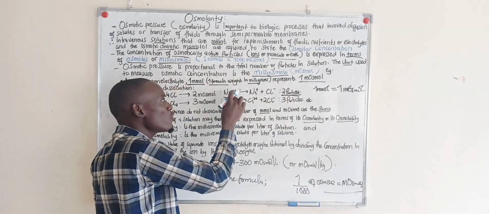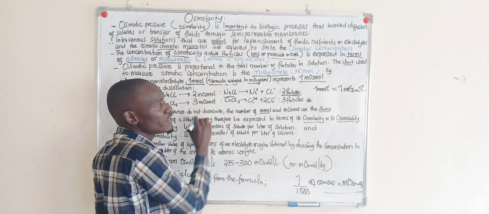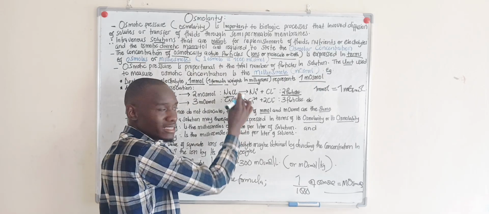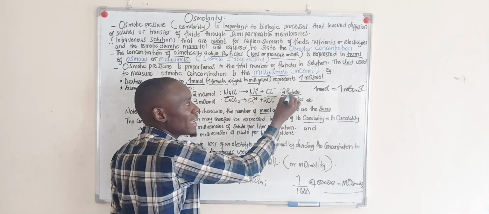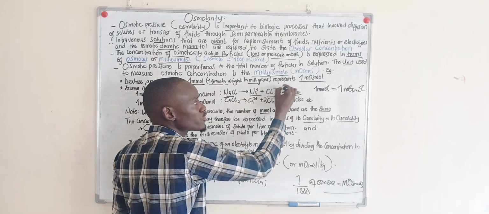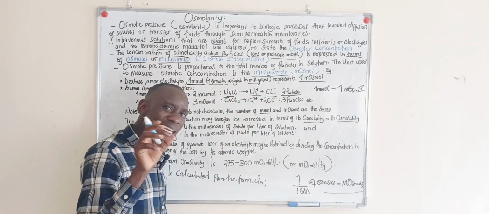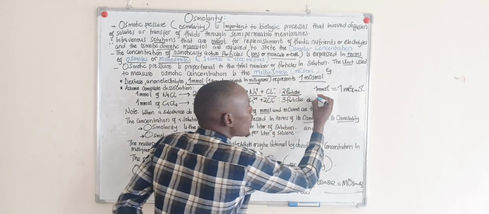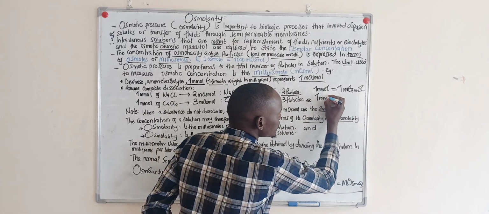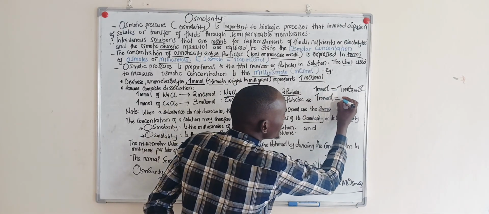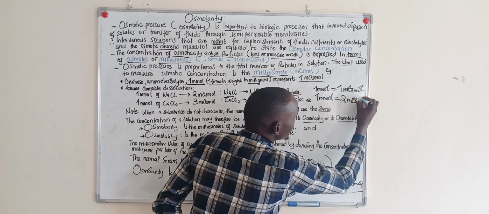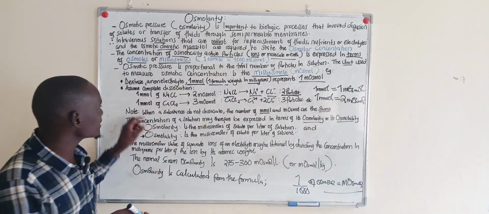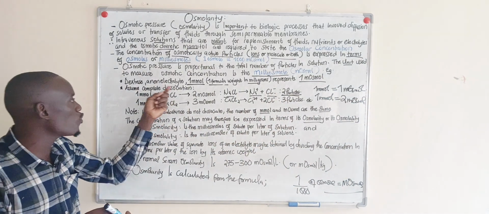Like for example, when sodium chloride is dissolved in water, it ionizes in solution to produce sodium ion and chloride ion. And when you add this, you come up with 2 particles. So for such substances, 1 millimole represents 2 milliosmoles.